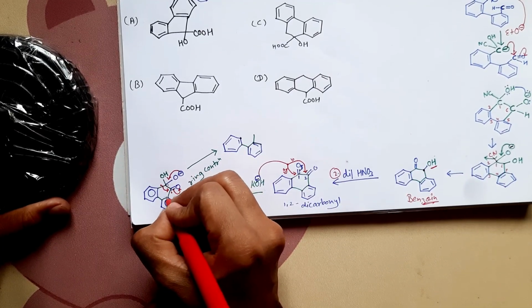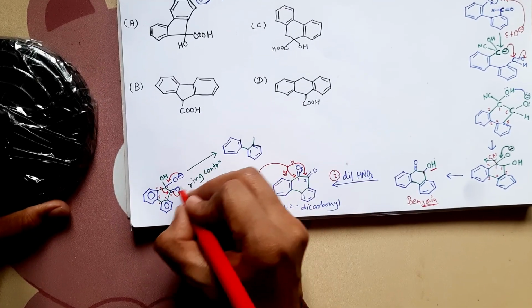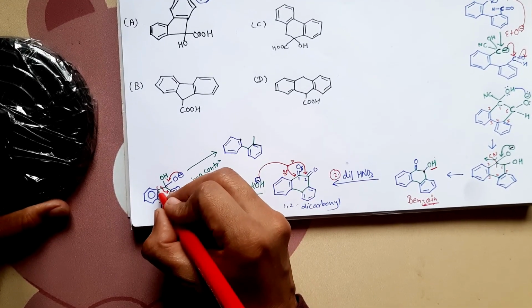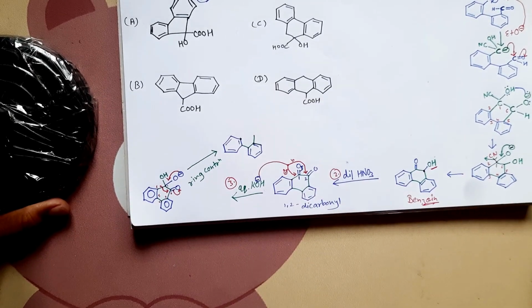After ring contraction, what do we get? Numbering 1 2 3 4 5 6, a new bond is formed between C6 and C2 carbon.